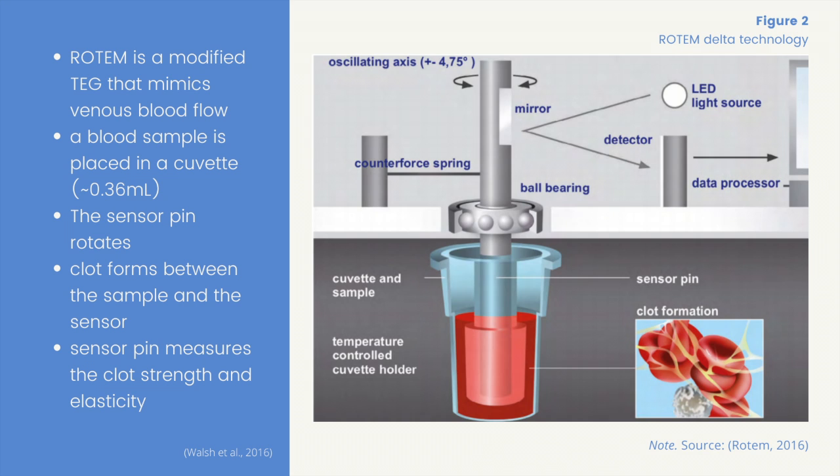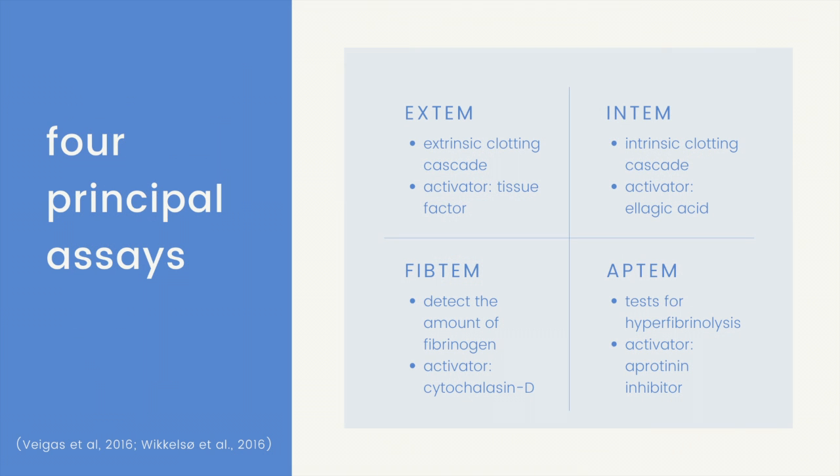The clot's strength and elasticity are measured through a computer. The difference between ROTEM and TEG analyzers is that with TEG, the cuvette that holds the blood sample rotates instead of the sensor shaft. ROTEM provides 4 principal assays called EXTEM, INTEM, FIBTEM, and APTEM.